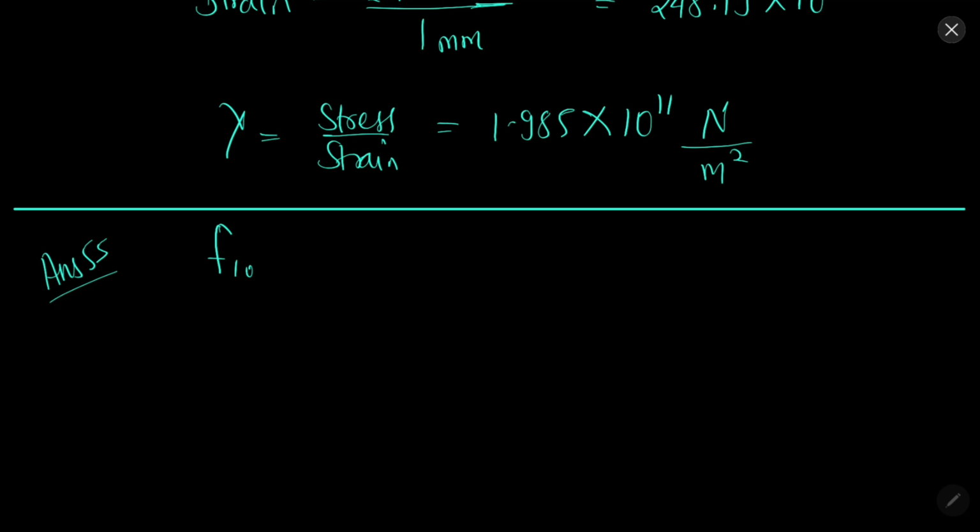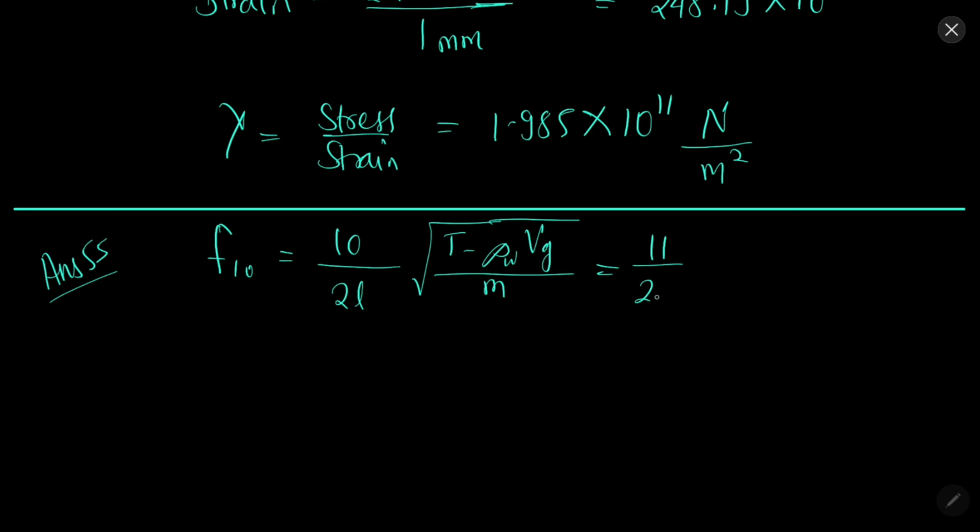So in the 10th harmonic, that is 10 over 2L root T over mu, and when dipped, the resultant force will be tension minus the buoyant force over mass per unit length. So it will be 11 over 2L root of T minus rho W Vg over m. So F10 will be equal to F11.